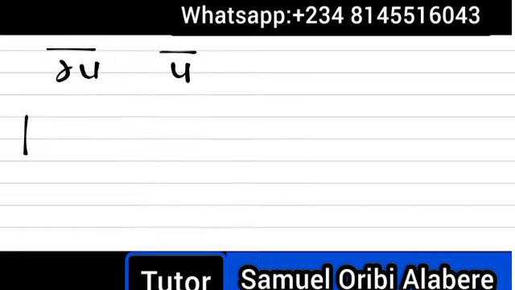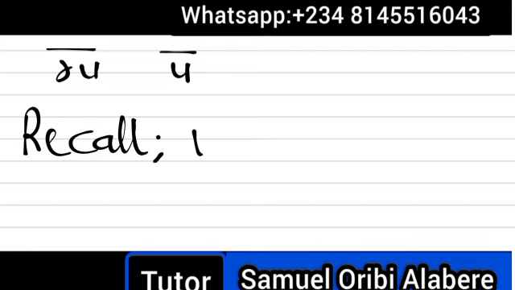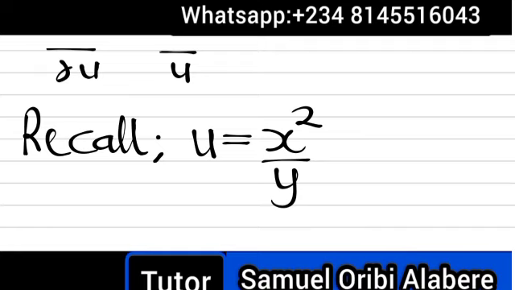So we are going to recall that u is equal to x raised to power of 2 all over y. Now we are expected to find the partial derivative of u with respect to x.